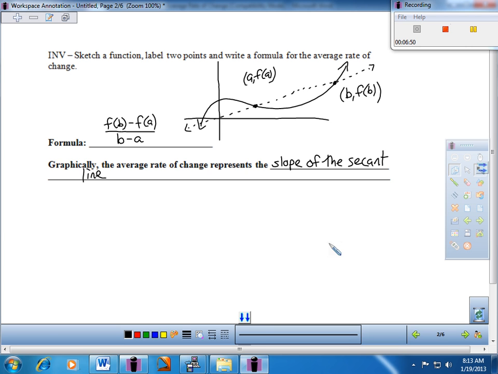Okay, great. Now, one thing to note, the average rate of change as a definition and as a calculation is fairly broad in scope. Because if I really look at this function, especially just from here to here, the argument can be made that there are an infinite number of things going on between here and here.